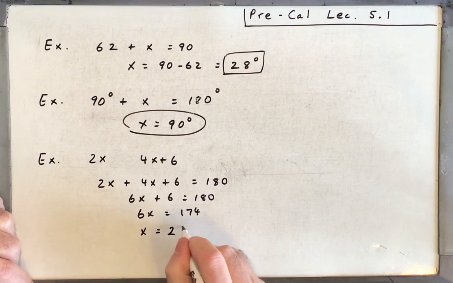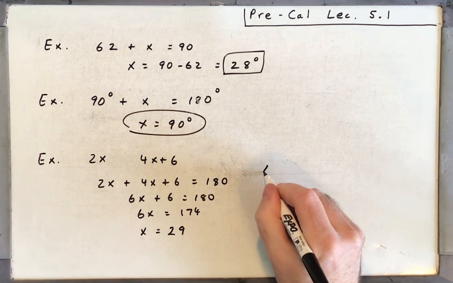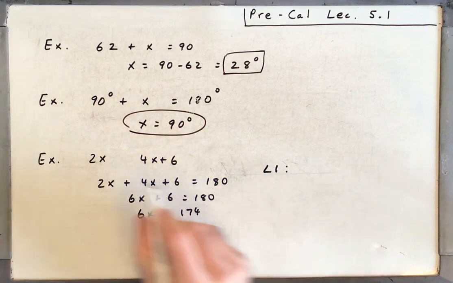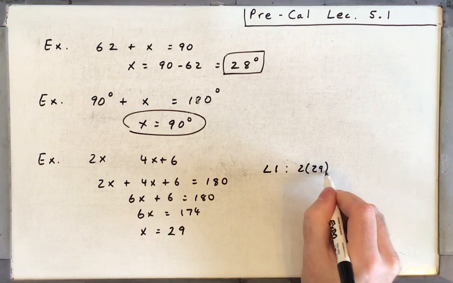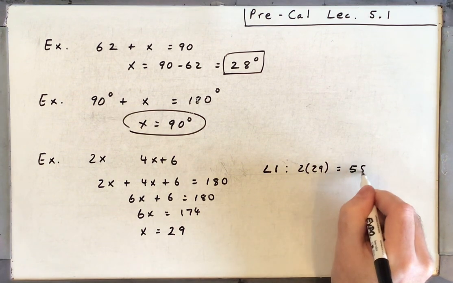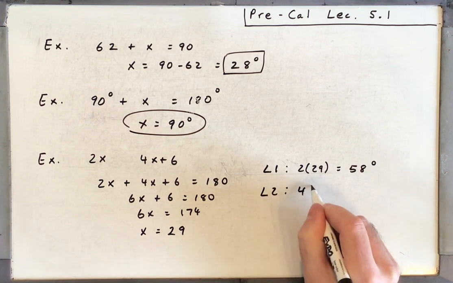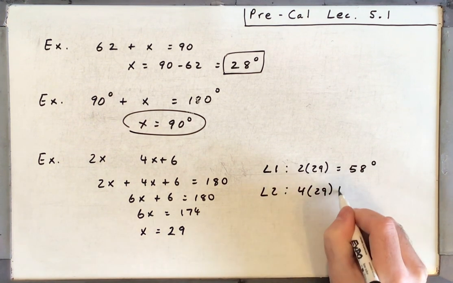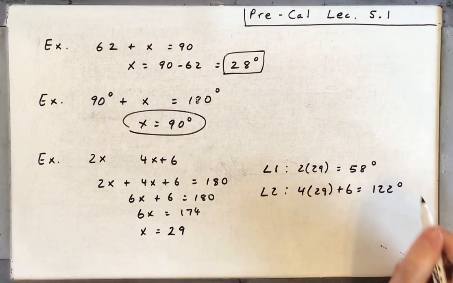That is not the measure of the angle. That's just the value for x. So angle 1 would be 2 times 29, which is 58 degrees. And then angle 2 would be 4 times 29 plus 6, which is 122 degrees.